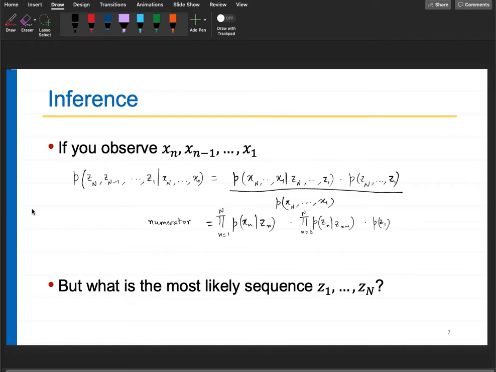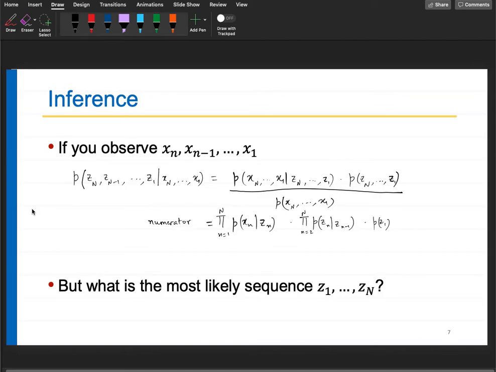Now, a more difficult question. If you observe x1 to xn, which means you observe temperatures from the first day to the nth day, what is the probability of seasons? Like, what was the season on the first day, what was the season on the second day, and similarly on the nth day? What is the probability of Z given X, I mean, all these Zs given all these Xs.